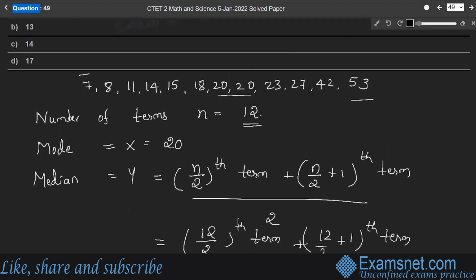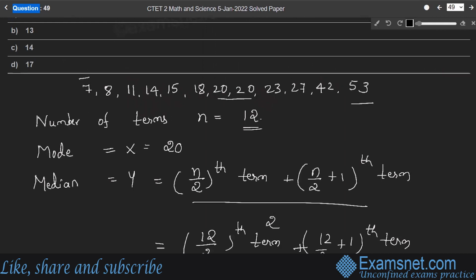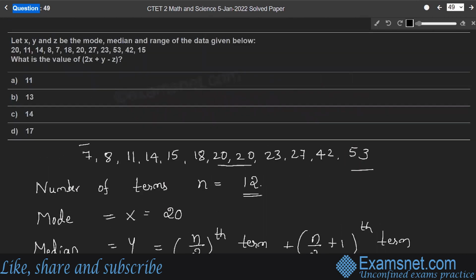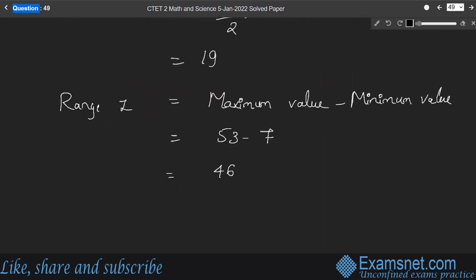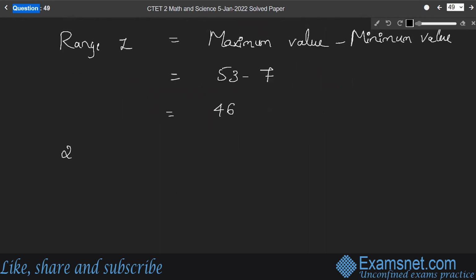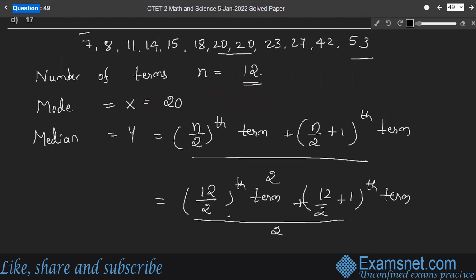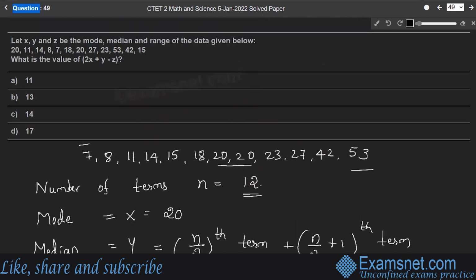So what is the expression here? Given expression 2x plus y minus z. 2x plus y minus z is equal to 2 into, what is x? 20, mode. 2 into 20 plus y.